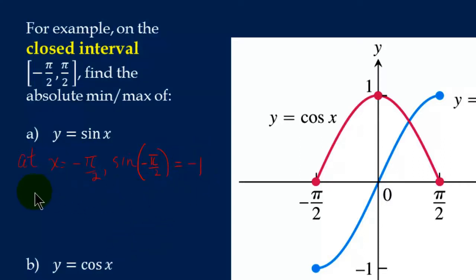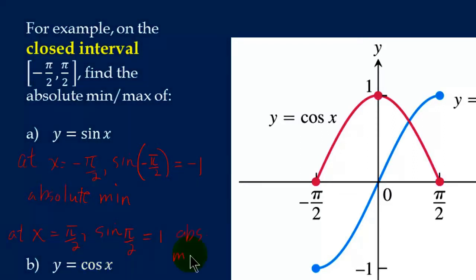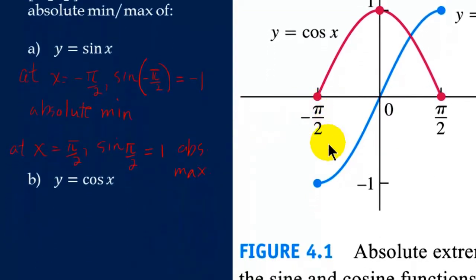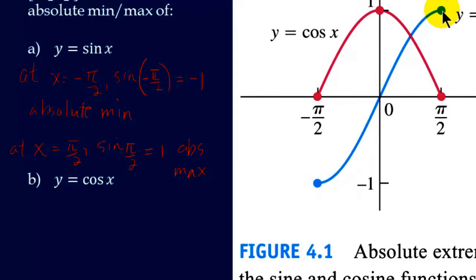And that is the absolute minimum of the function y equal to sine x on the interval from minus pi over 2 to pi over 2. Now, at x equal to pi over 2, the sine of pi over 2 is equal to 1, and so that is our absolute maximum. That's where the absolute maximum occurs, when x is equal to pi over 2.